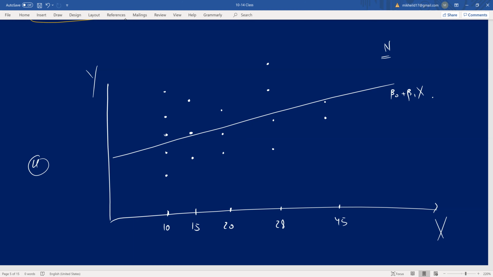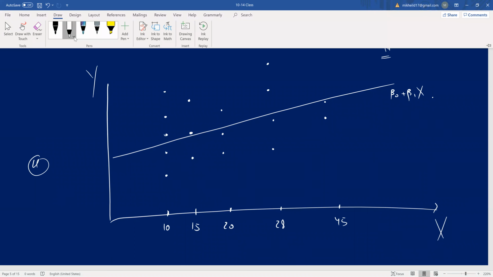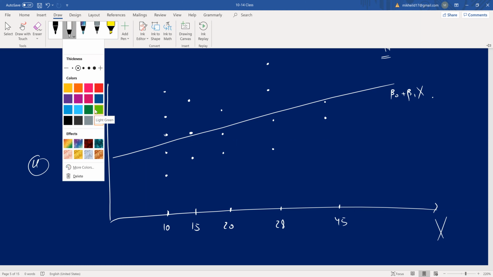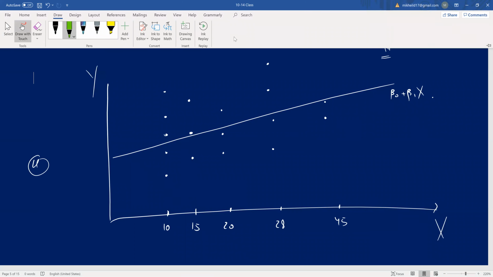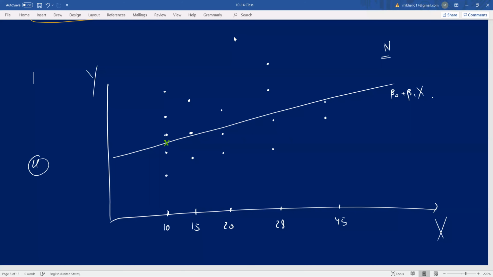So, for example, okay, let me use a different color. So this point here is a point which is defined by expectation of y when x equals 10.